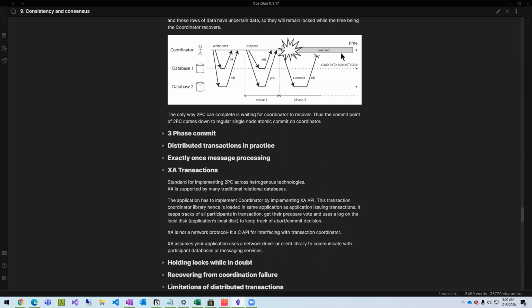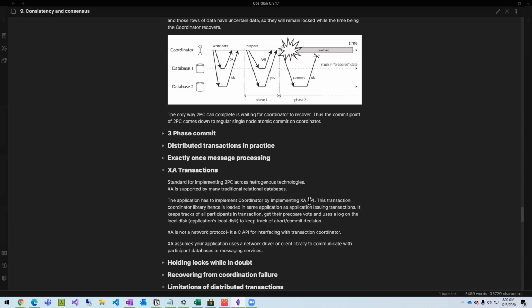So the database will expose an interface and the application has to implement that interface, and in that interface, you have to implement the role of the coordinator.